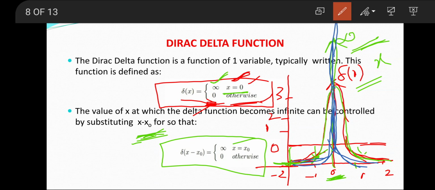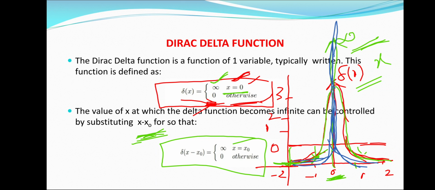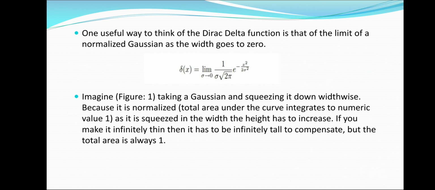In this way, we get the limit of the normalized Gaussian as the width goes to 0.